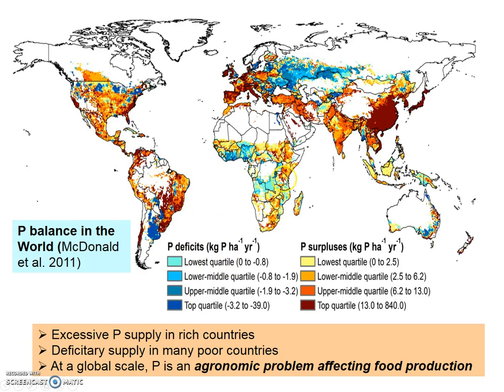However, phosphorus deficits mostly concentrate in less developed countries. A lot of phosphorus deficit occurs in Central and South Africa, also in Argentina, some small parts of the United States and Eastern Europe. Also some areas of Australia.